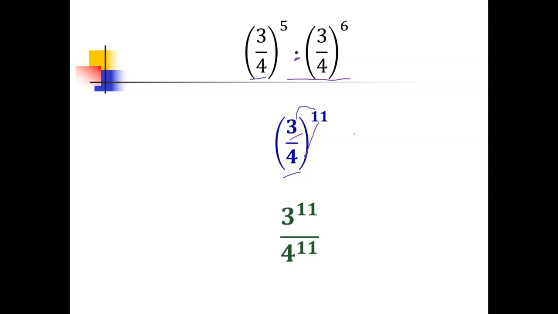Now, if the exponents were smaller numbers, 2, 3, or up to 4, probably I would have evaluated. But in this case, because the exponent is large, I'm just going to leave my answer in the form of an exponent. So if you want to pause here and try using the other rule first, you can. Eventually, you will still come up with the same answer.